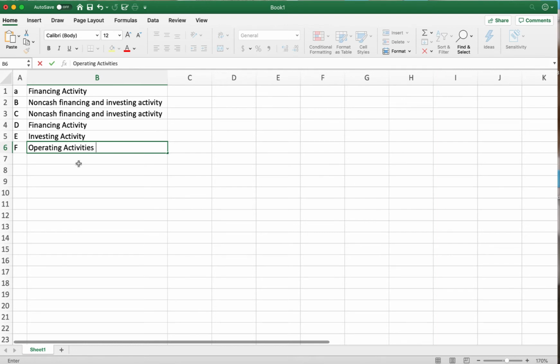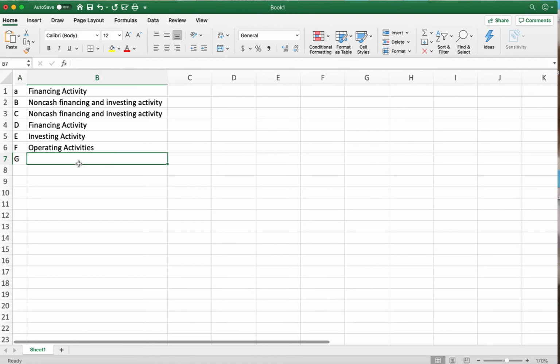So for F, we're going to classify that as an operating activity. Why? Because we had some cash flow as a result of operations. Okay. And then there is G, right? What's G?